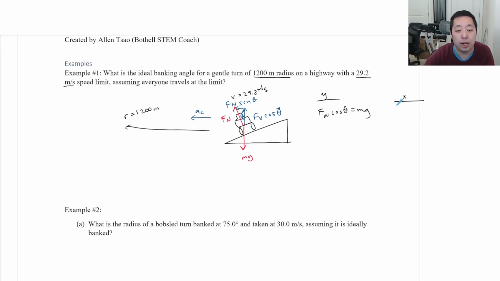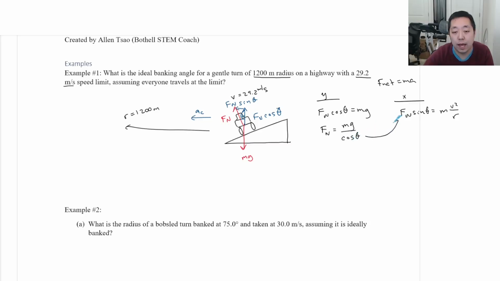And in the x direction, applying net force equals ma, there's only one force in the x direction. It's Fn sine theta. And it equals m times the acceleration, which is the centripetal acceleration, v squared over r. I want to figure out what theta is. I can solve for Fn: it's mg over cosine theta.